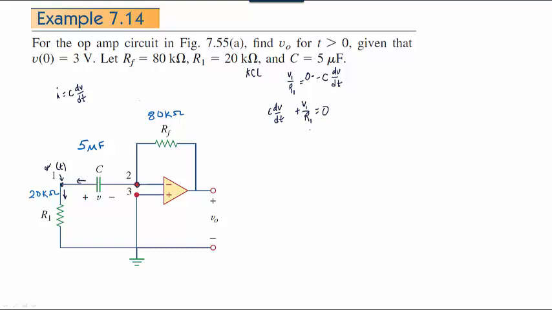We know that a differential equation of this form will have a solution V of t that will have a form like this, A e to the st, where we don't know s right now.